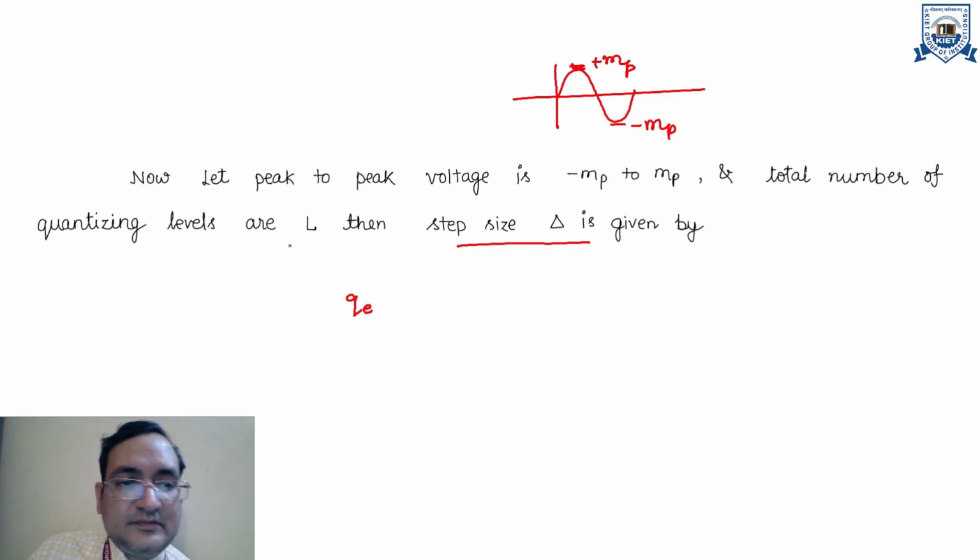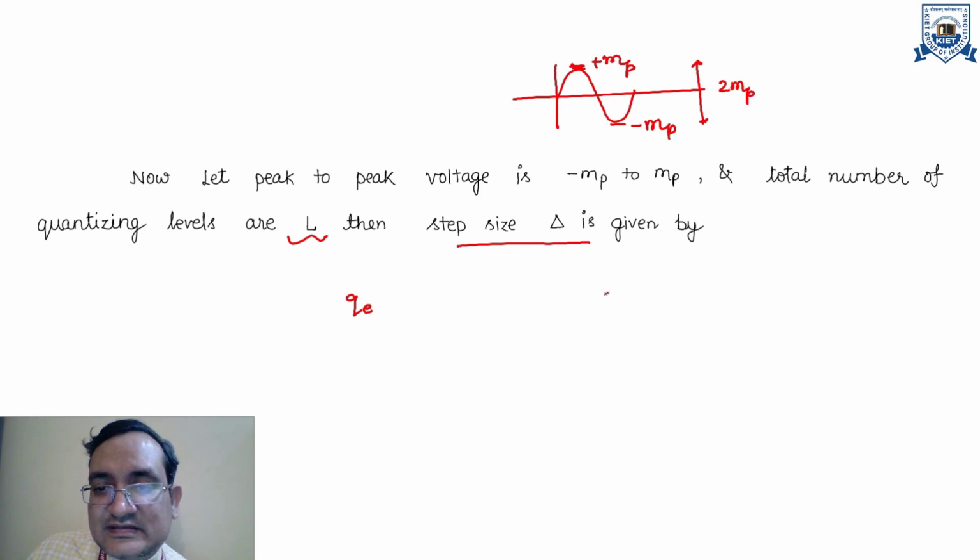So you can clearly see that the total gap between negative to positive is twice of MP. Each step size is delta. So the total number of step sizes, that means L, will be given by twice of MP divided by delta. Or you can also say that delta is equal to twice of MP divided by L.